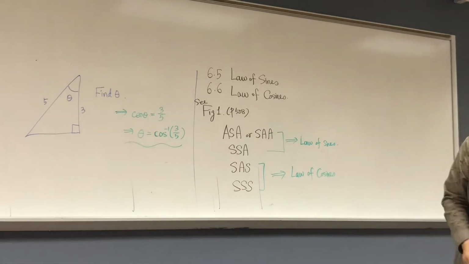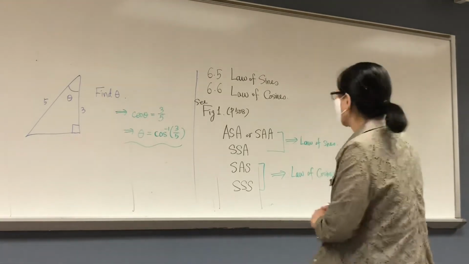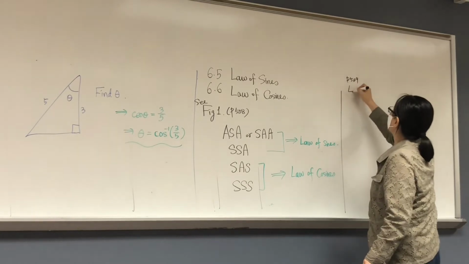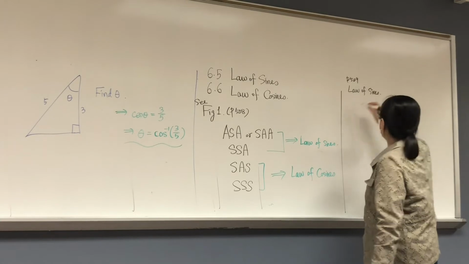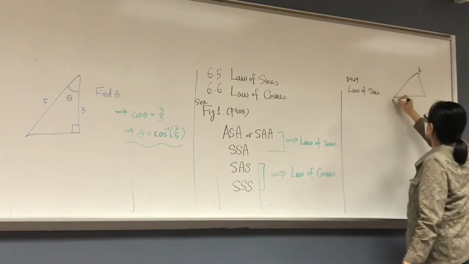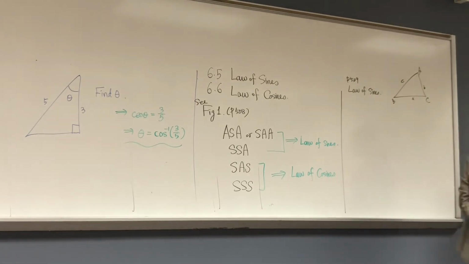What is the law of sines? Page 509. When you have this triangle, A, B, C, a bigger angle makes a longer side, and a smaller angle makes a shorter side.